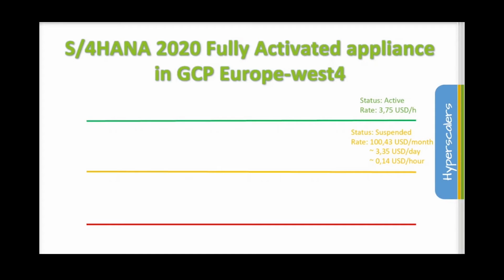The status suspended has a cost of $100.43 per month. If we consider that a month has 30 days, that makes approximately $3.35 per day. That divided by 24 hours makes 14 cents per hour. If you terminate the instance, the price will become zero.